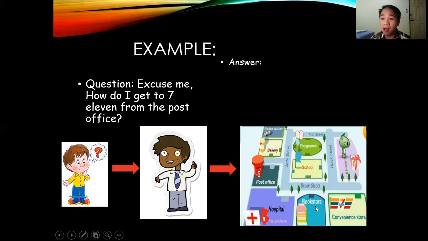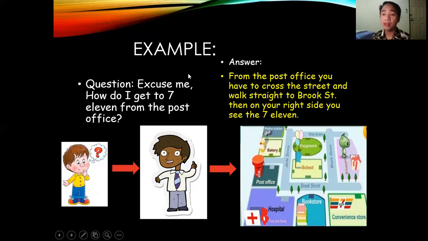That's the landmark. So the answer is, you can say, from the post office, you have to cross the street, known as the Jade Street here. You have to cross the street and then walk straight to the Brook Street. So this is the Brook Street now.